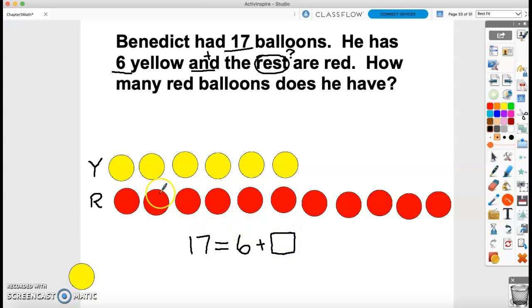And if you look, we can count 1, 2, 3, 4, 5, 6, 7, 8, 9, 10, 11. So he has 11 red balloons. So now we have to answer that. How many red balloons does he have? He has 11 red balloons.